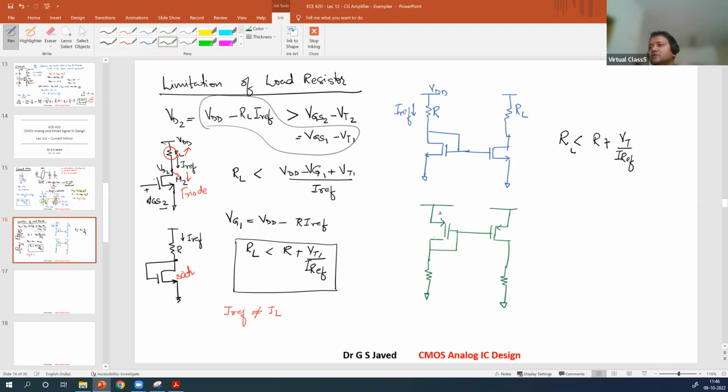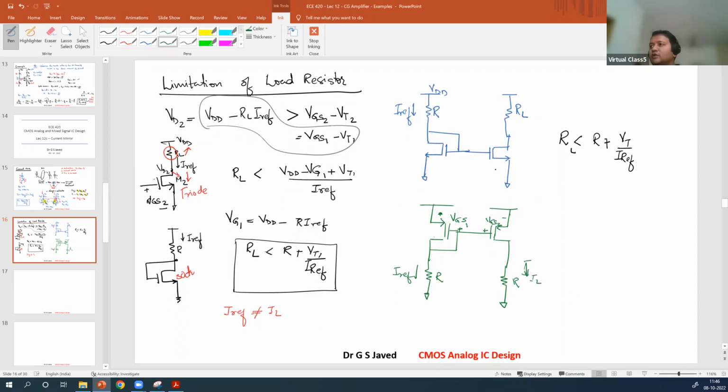This will be the VGS, plus is here, minus is here. Gate to source VGS1, gate to source VGS2. Here will be IRF, R, and IL.